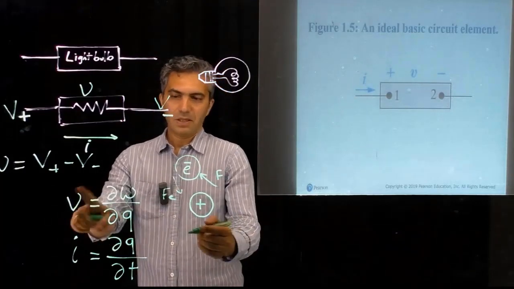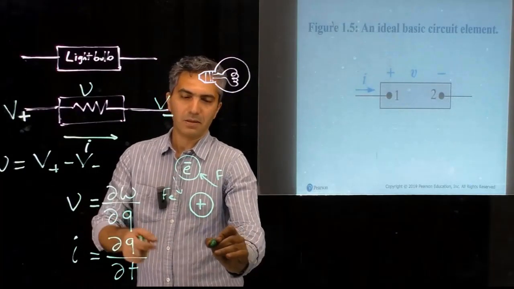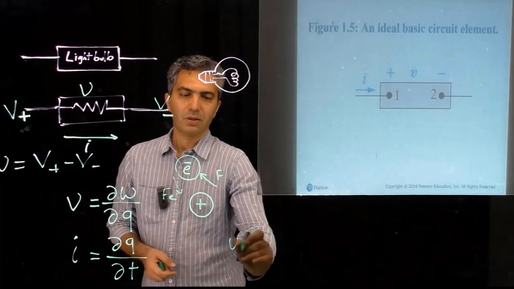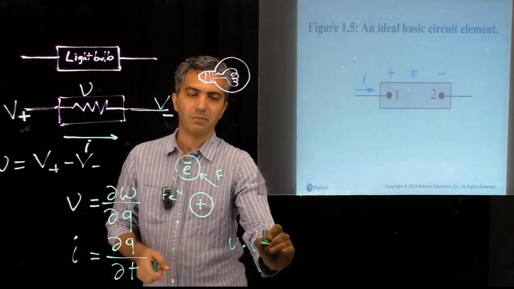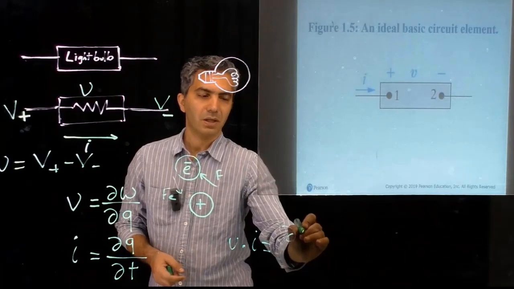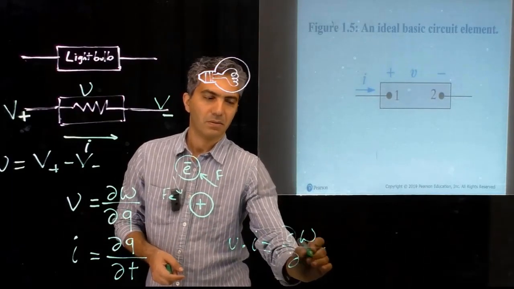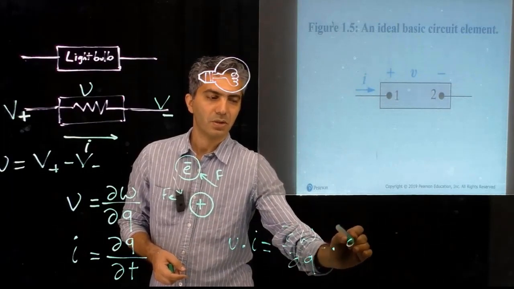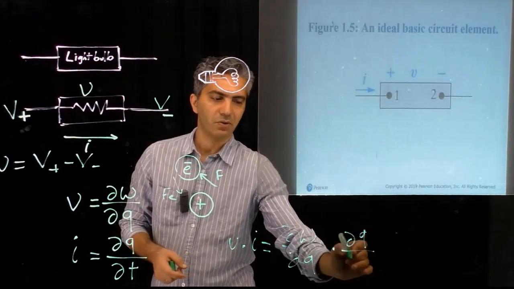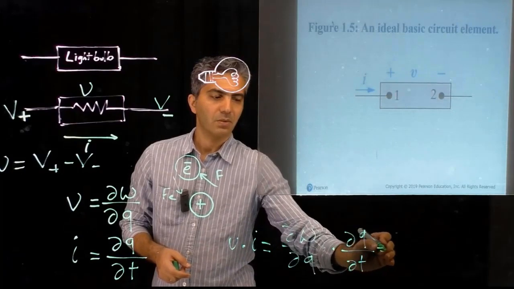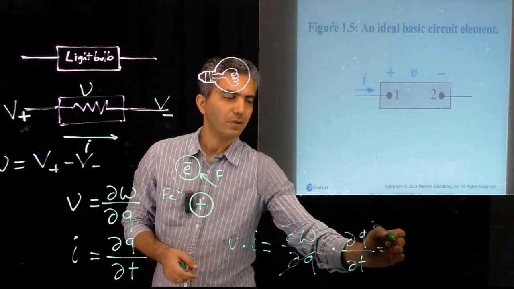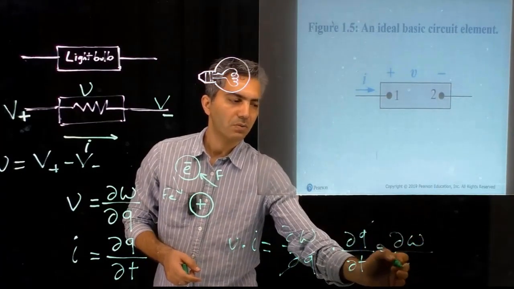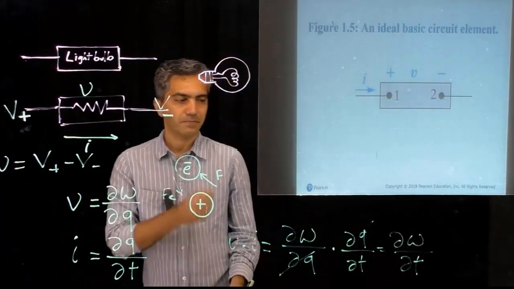Now, you can see here that if I take voltage and multiply it by the current, by definition, what I'm doing is taking derivative of energy with respect to charge and then multiplying it by derivative of charge with respect to time, which what's going to be left is the derivative of energy with respect to time.